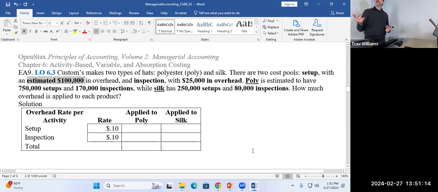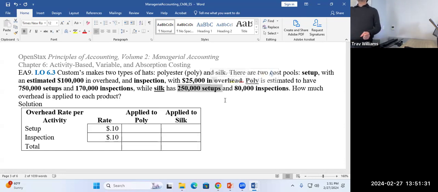We divide that by the estimated activity. So for setups, we're looking at 750,000 for one product, 250,000 for the other. So you add that together, that's 1 million setups. So when we take $100,000 of overhead, divide it by 1 million setups, it comes out to 10 cents per setup.